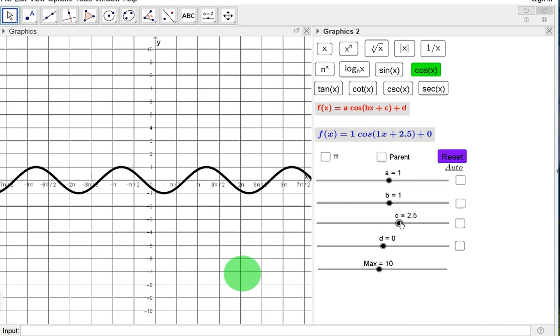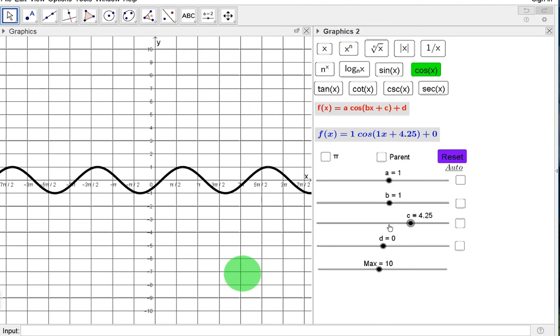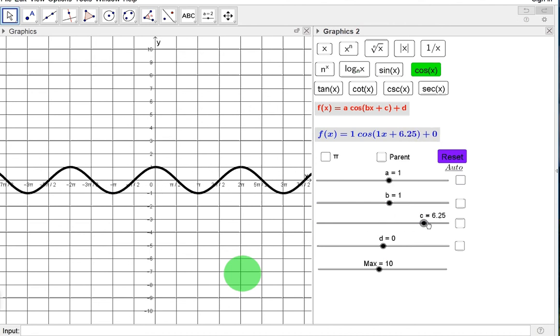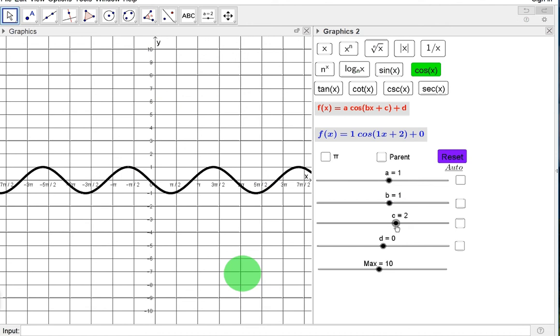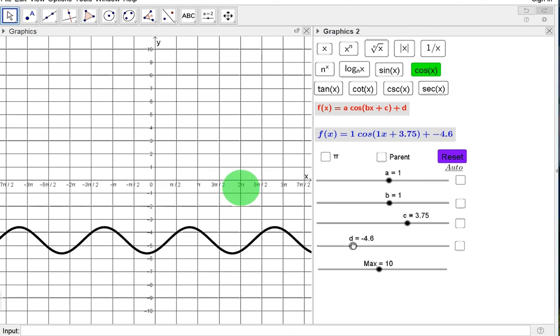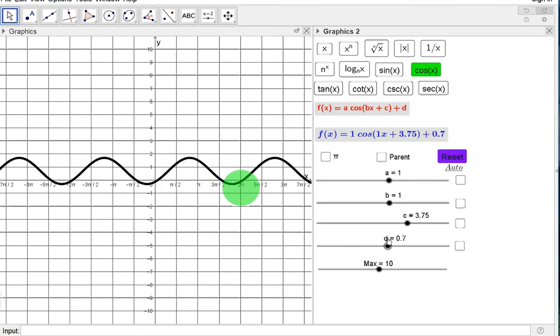How about c? Well, if you change the number that you're adding to x, all that does is shift the graph to the left and right. And this is great because this is a lesson we're going to look at later when we do function transformations for any type of function, not just cosine and sine. And then finally, d. All the d value does is move the graph up and down. It does nothing to the distance between these two points on the graph where the graph repeats itself.